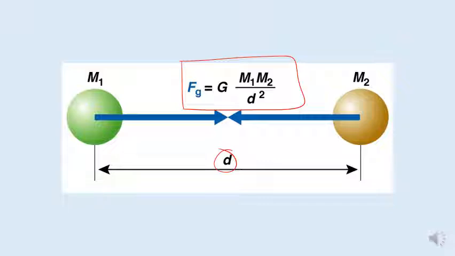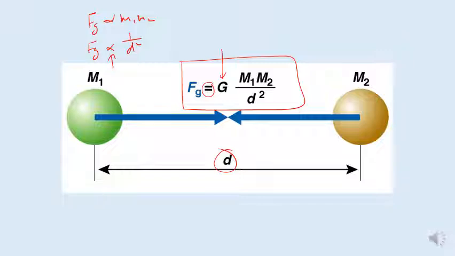Now, from the previous slide, if you recall, the statement of the law states that the gravitational interaction between two bodies is directly proportional to the product of the masses, which means M1 times M2, and it's inversely proportional to the square of the distance between their centers. So these are proportionality signs, and there we have an equal sign, hence we have to introduce a constant.